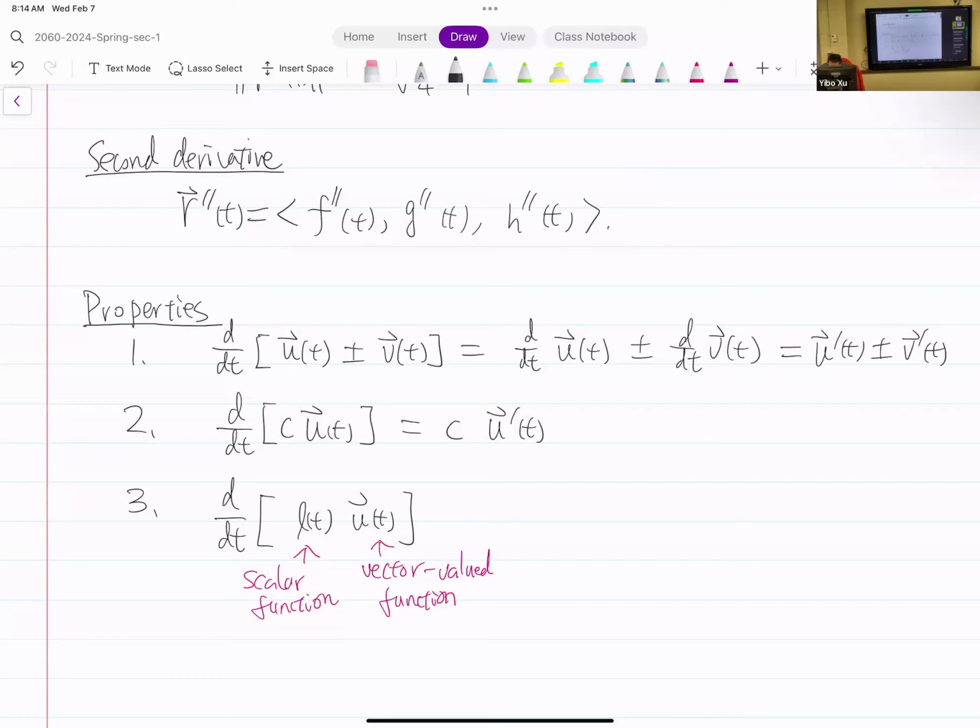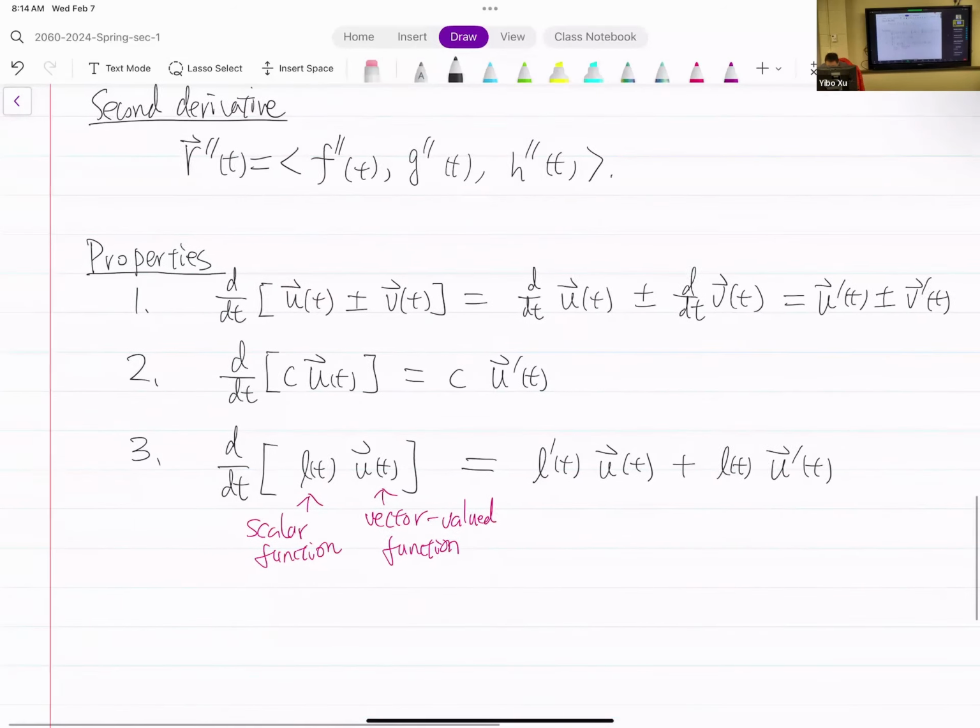So I'm just going to directly give the final answer. It's the same thing: the derivative of the first times the second plus the first times the derivative of the second. So it's going to be L prime, a scalar function, multiplying the second, a vector function, plus the first multiplying the derivative of the second. It's not really hard to do for this kind of algebraic process.